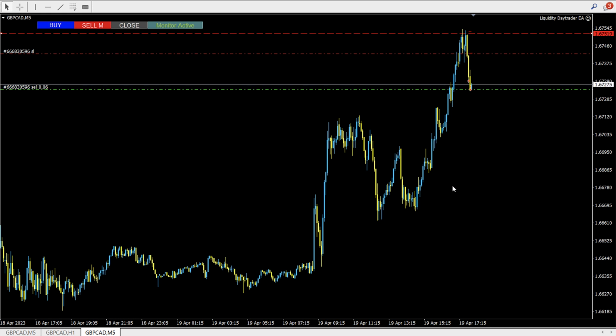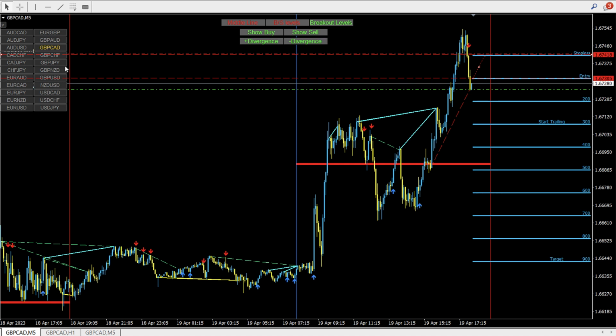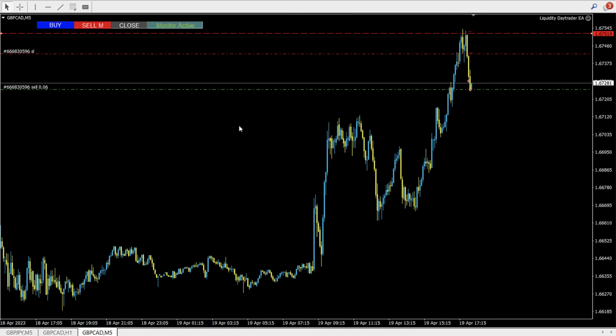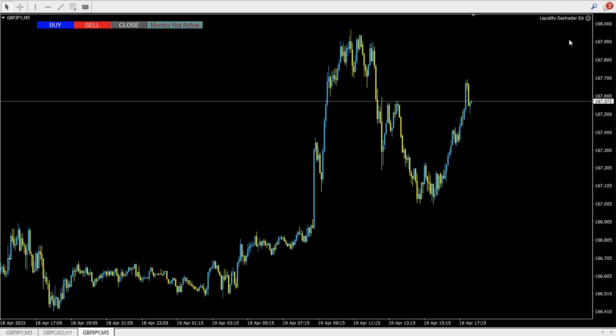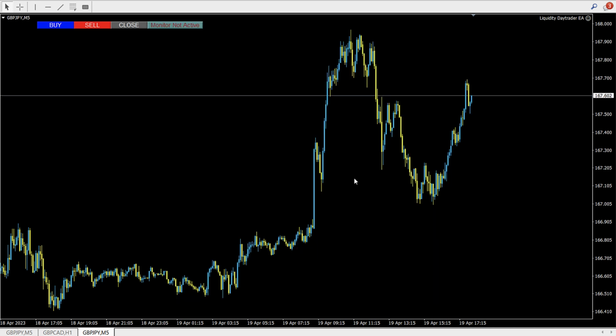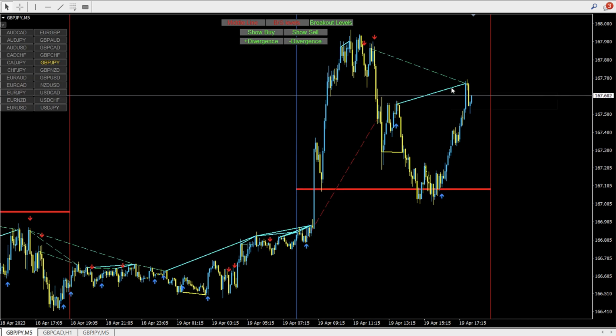Now, for example, if we take a different pair which doesn't have a signal, for example this GBPJPY, let's say we want to sell it. The signals that we have are the Instant FX and the Heiken Ashi. So let's say we want to sell the GBPJPY, but not now. We want to sell it only when we have the signal.